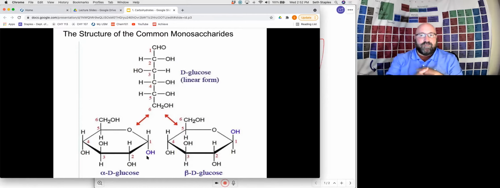So that's the alpha version. And so this would be alpha D-glucose. And we knew that it was D because our OH group right here, remember, is on the right, making this the D-glucose form. And then we have beta D-glucose because our OH group is up above.